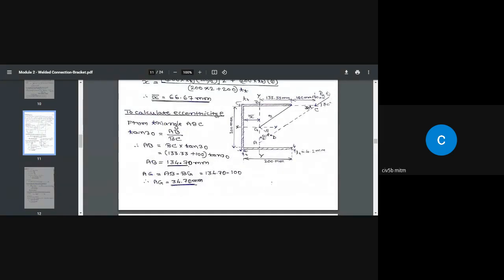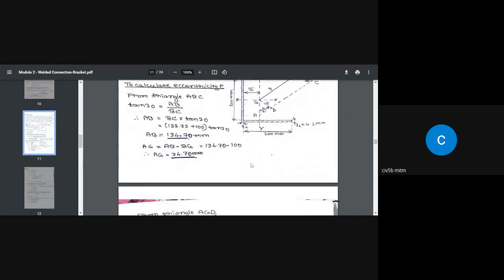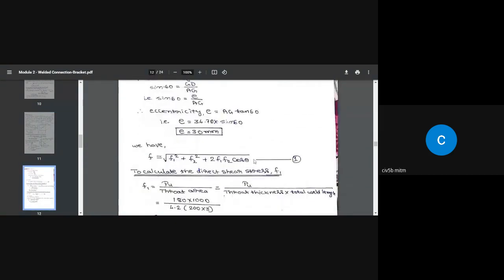F1 equals PU divided by the throat area. What is the PU value? P is 120 kilonewton, so PU is 1.5 times 120, that is 180. So 180 multiplied by 1000 to convert the value into Newton, divided by the throat area.